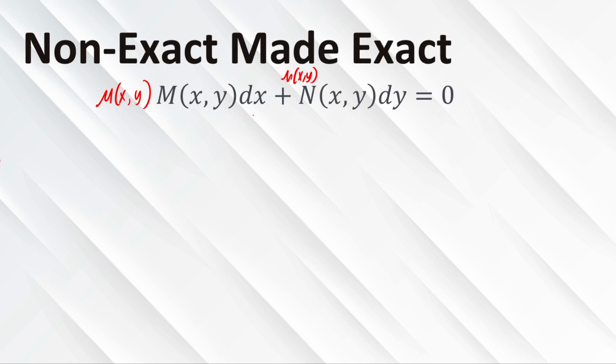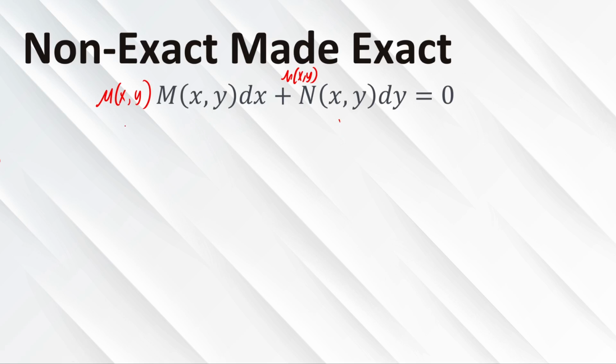And by the criterion natin sa exact differential equation, kasi nga gagawin natin itong exact, para maging exact, dapat yung partial derivative nito, yung mu times M with respect to y dapat equal sa partial derivative ng mu times N.